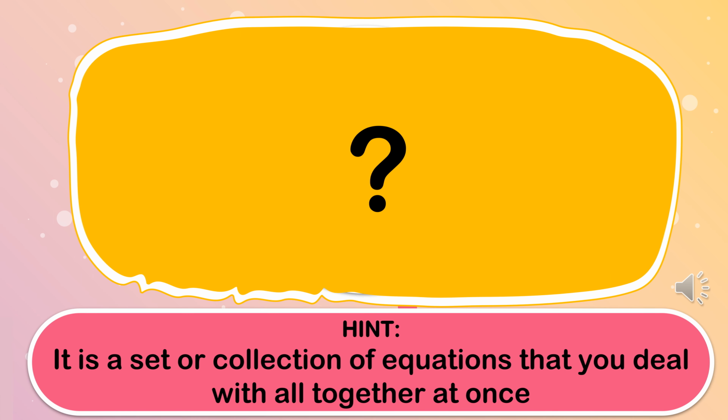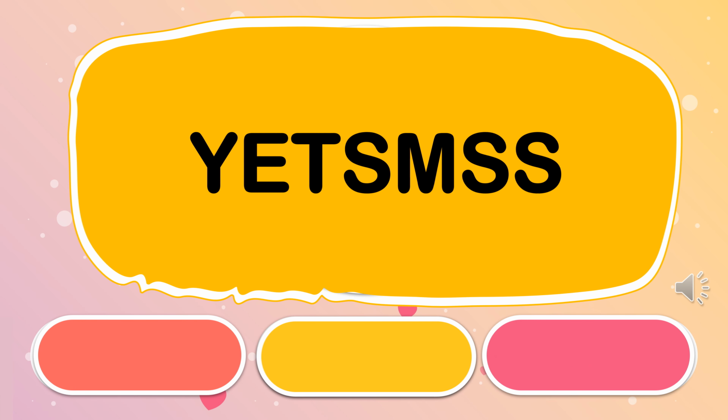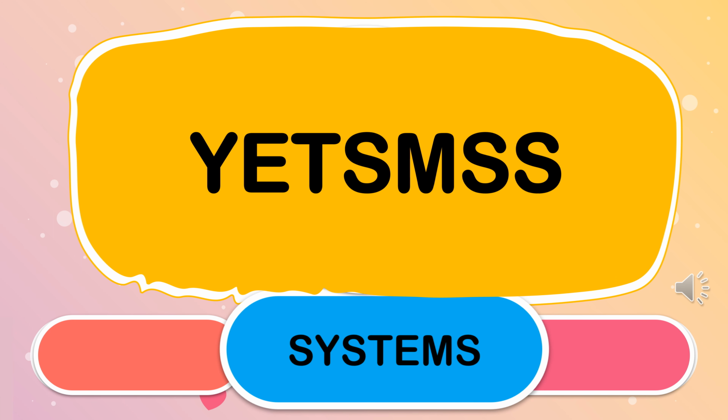Then what about this term? It is a set or collection of equations that you deal with all together at once. What term is this? Definitely. So the correct answer is systems.